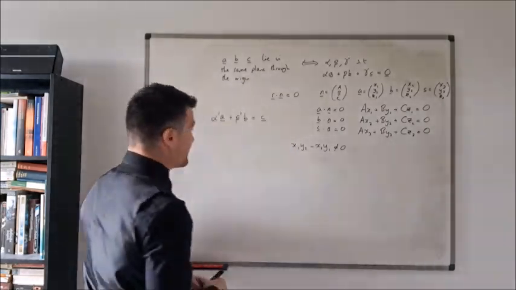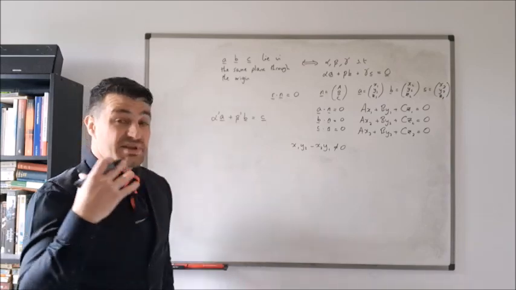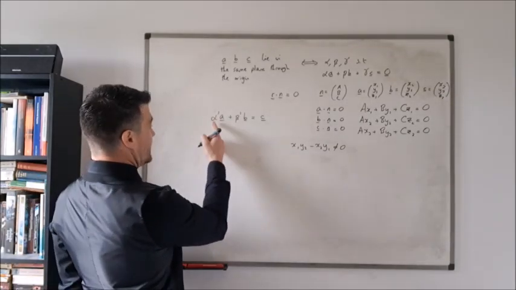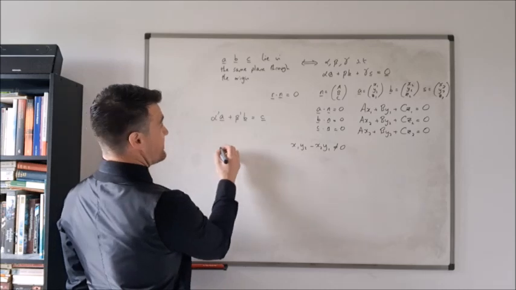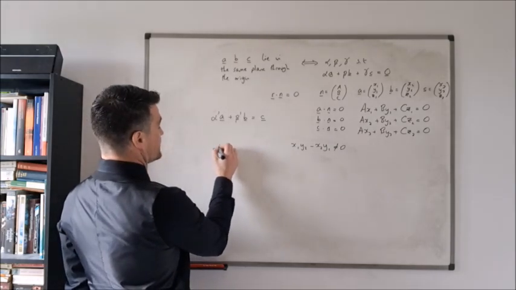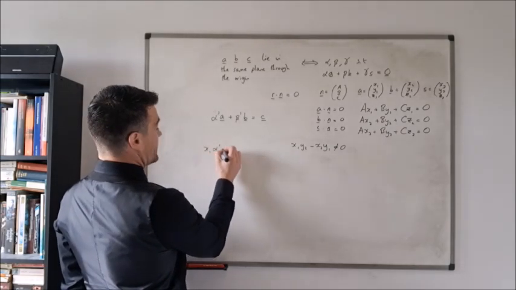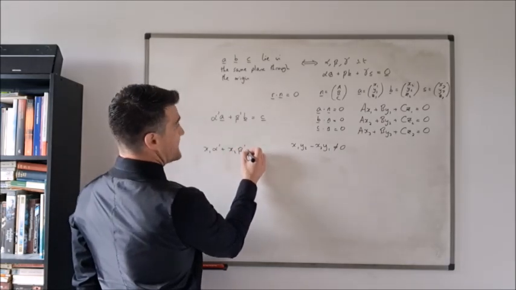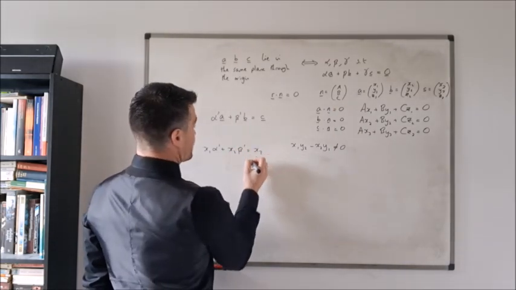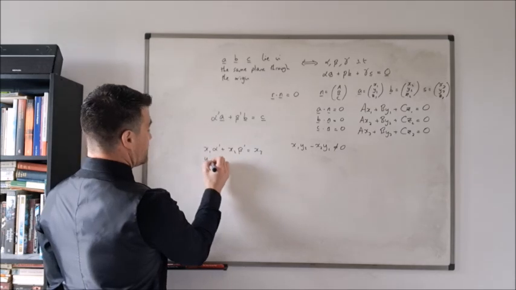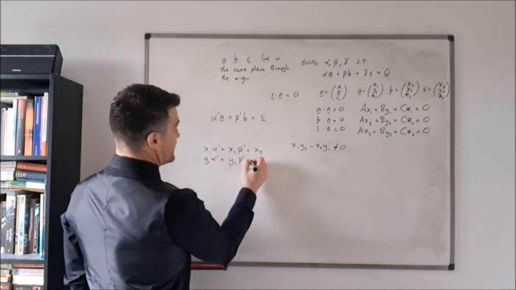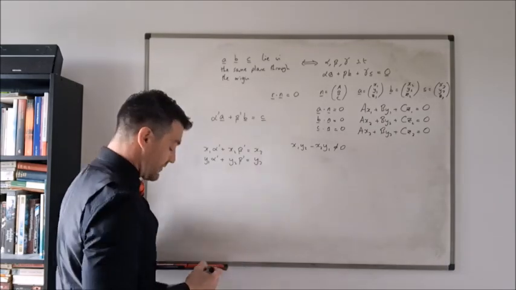So then what I do is I think in terms of simultaneous equations. So alpha primed A plus beta primed B gives me x1 alpha primed plus x2 beta primed equal to x3, and y1 alpha primed plus y2 beta primed equal to y3.